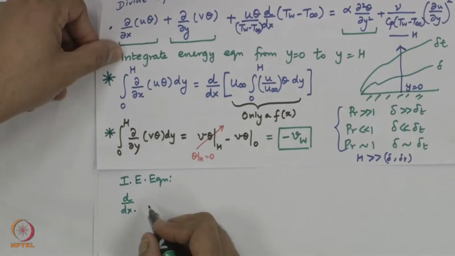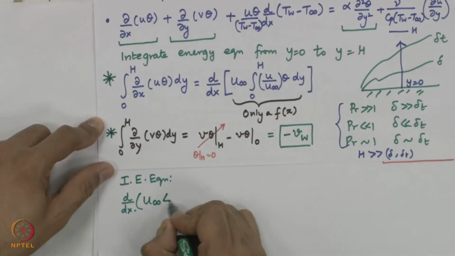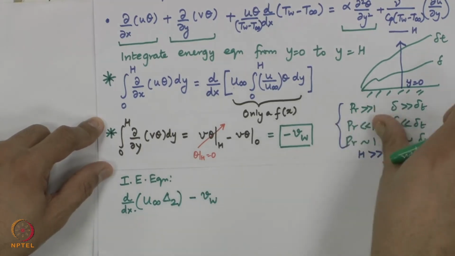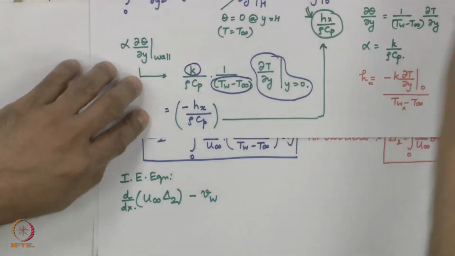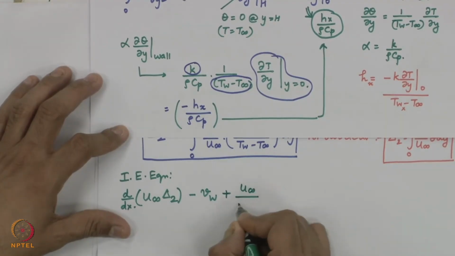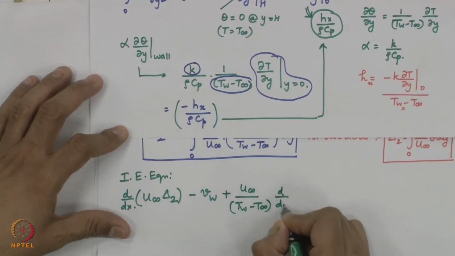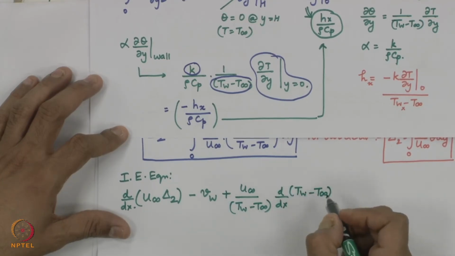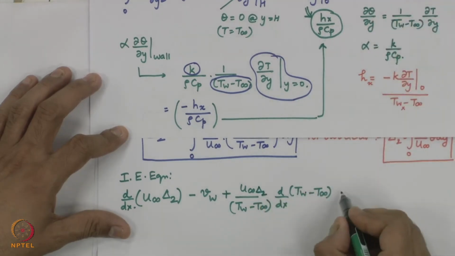So, d by dx of u infinity as it is, this integrand is delta 2. The second term is minus Vw as it is. The third term is u infinity by Tw minus T infinity, d by dx of Tw minus T infinity times delta 2. This integral is nothing but delta 2.